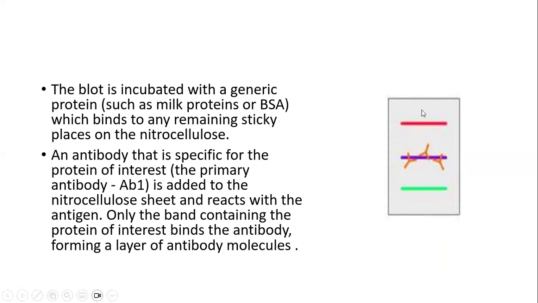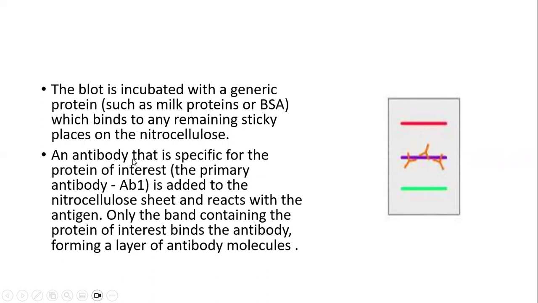So if we do a pre-treatment with milk protein or BSA solution, they basically mask the entire remaining membrane, and this decreases the non-specific binding of the antibody molecules. After making use of the generic protein, we need to again do a washing step to remove excess of the milk proteins that are attached to the membrane, and then we add our antibody.